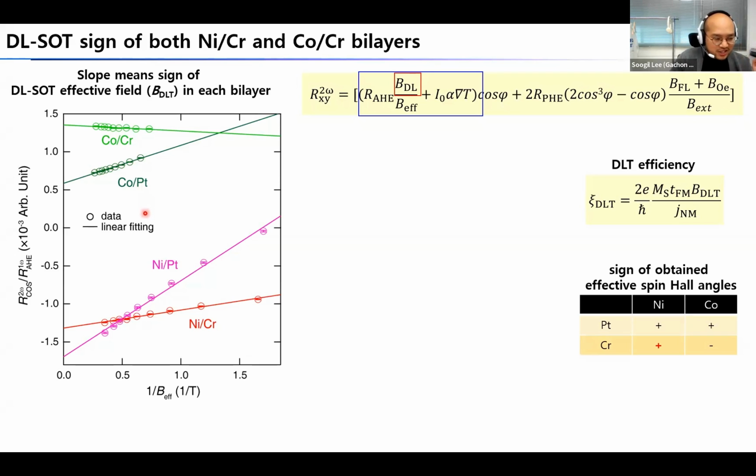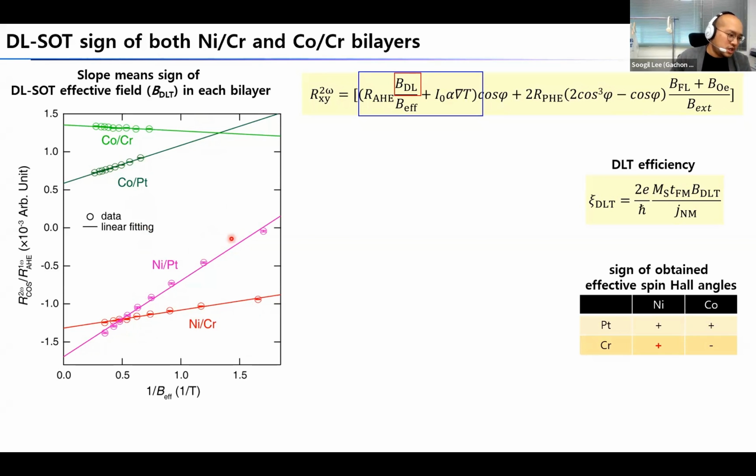However, according to this argument, the sign of the spin Hall angle in this nickel chromium is positive because the sign of the slope is the same as the nickel platinum and cobalt platinum bilayers. This is inconsistent with the negative spin Hall angle of chromium.